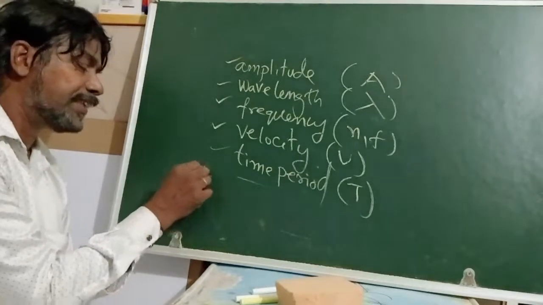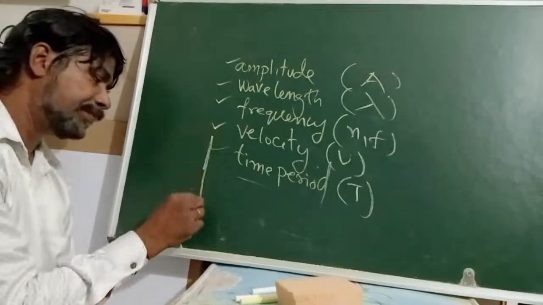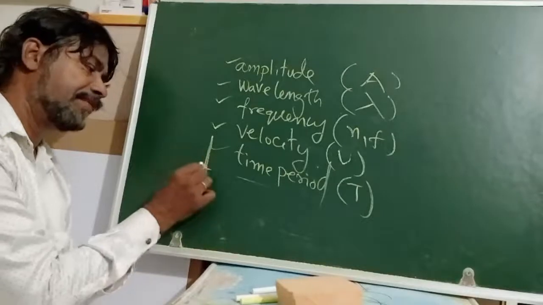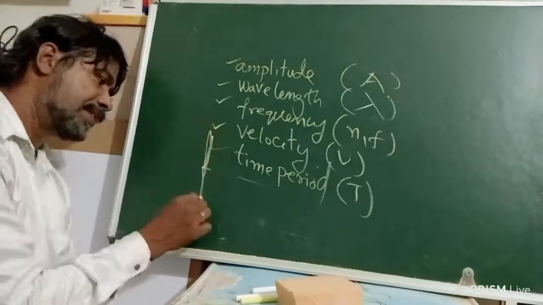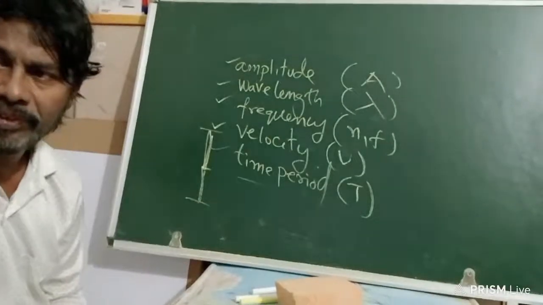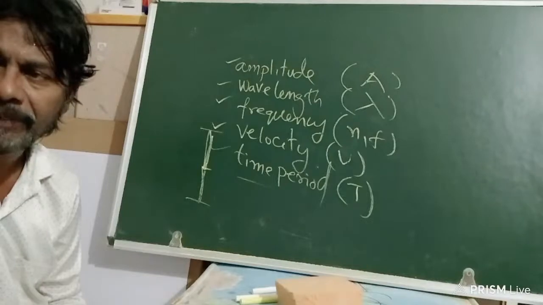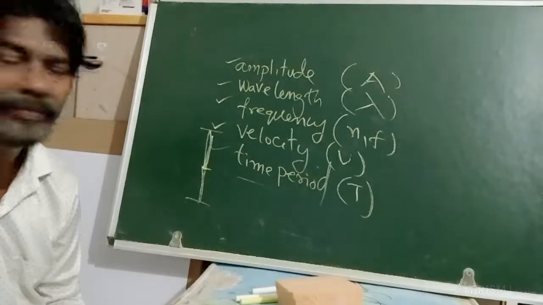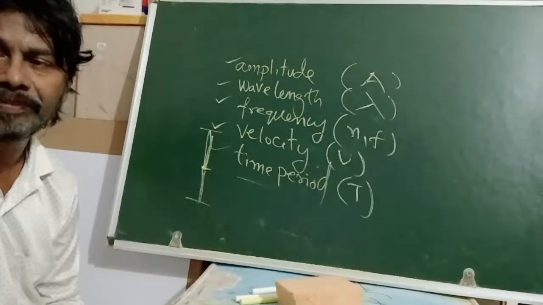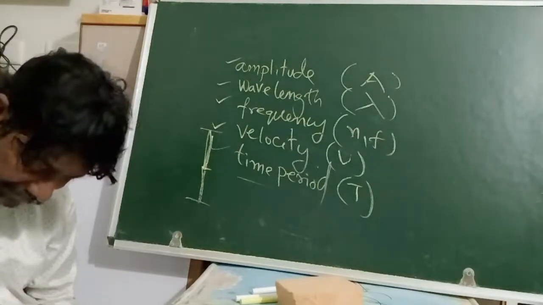Suppose a particle is here, it goes there, comes down, and comes again this way. From this to this and this to this, it is one complete vibration. So the time taken for one complete vibration is called the time period. Understand?